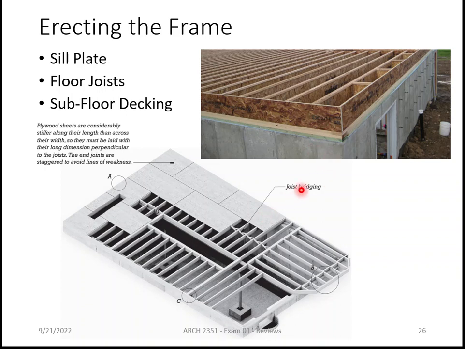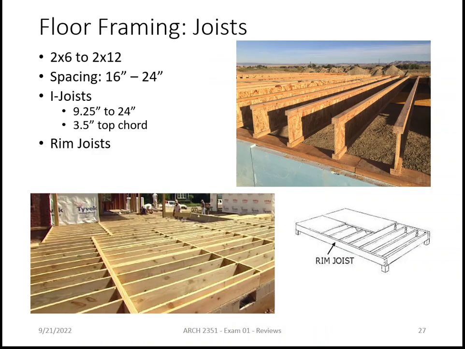Not very often, but sometimes they do so that they can span a greater distance. They'll reduce the distance between each one to 12 inches. And then I-joist, they can be anywhere from 9 1/4 inches to 24 inches in depth, so they can be fairly deep.